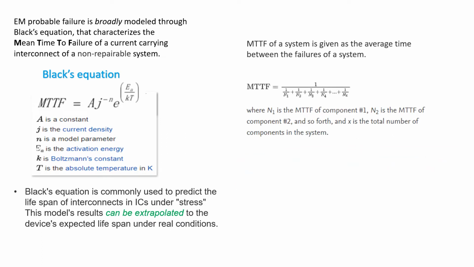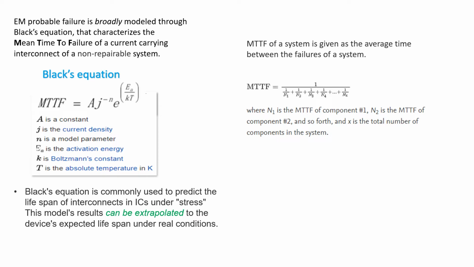So MTTF of a system is given as the average time between the failures of a system, and there are so many devices or elements or interconnects in the system, and you take all of their reciprocals. Here N1 is the MTTF of a system or a component 1, and N2 is the MTTF of component 2, like that.